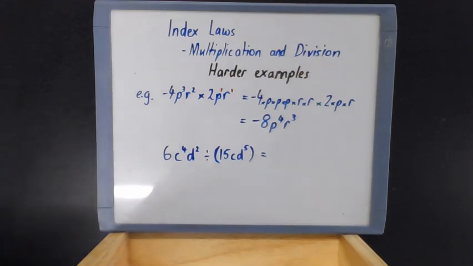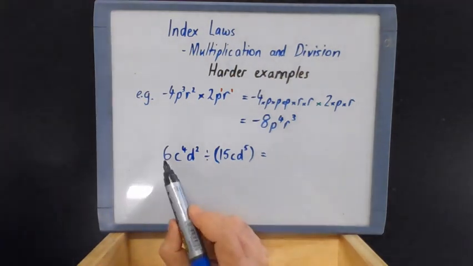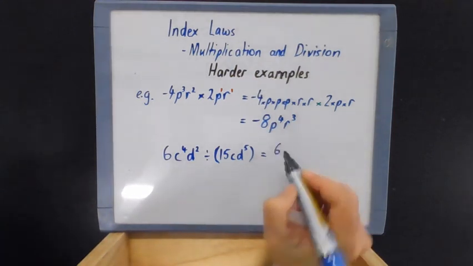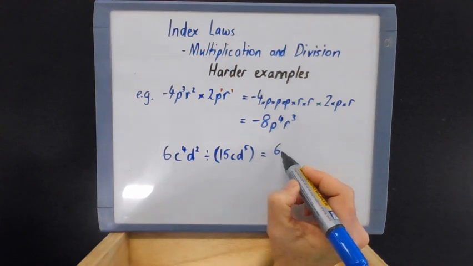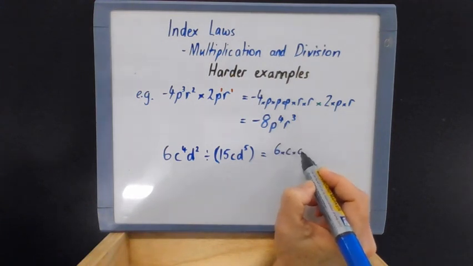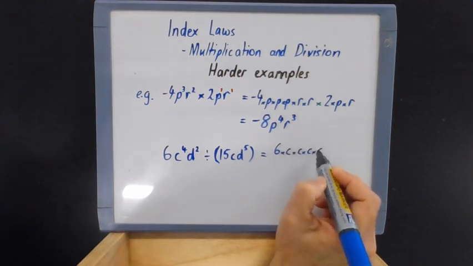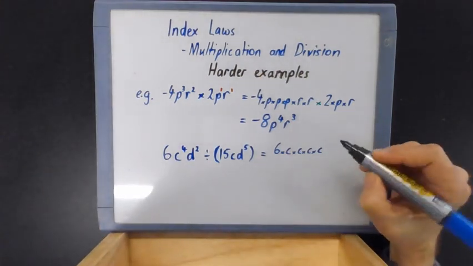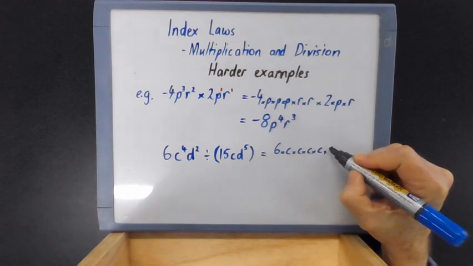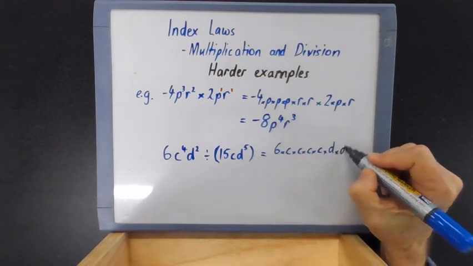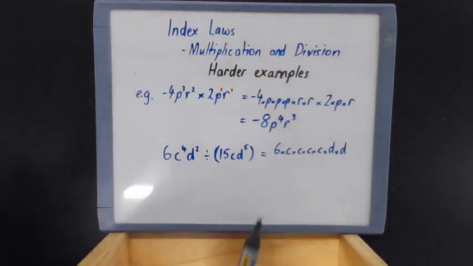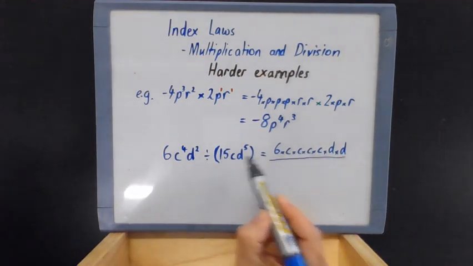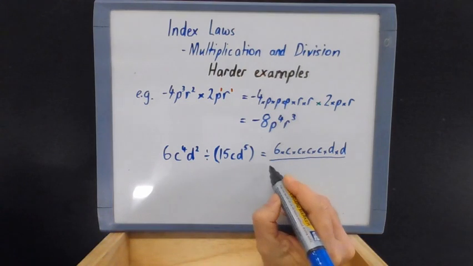Dividing, using the same rule as we've done before. First of all, we will write it as a fraction, so that I've got 6. C to the 4 means times C times C times C times C. Then D squared times D times D. That is over the top of 15CD to the 5.